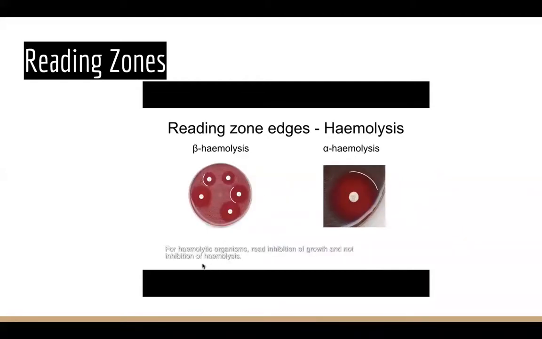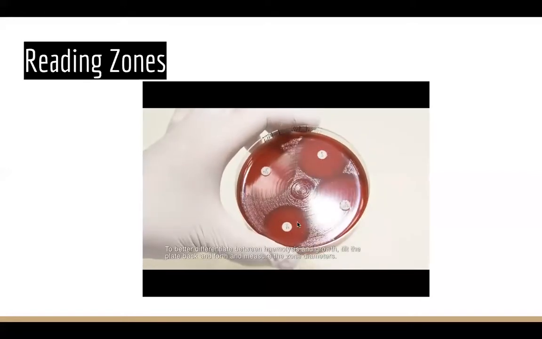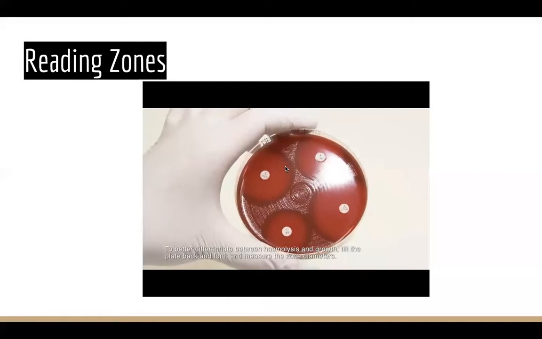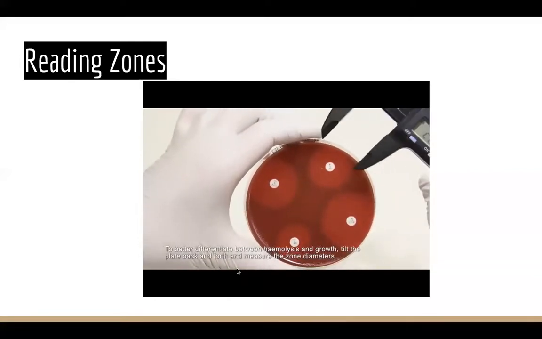For hemolytic organisms, read inhibition of growth and not inhibition of hemolysis. So beta hemolysis is usually free from growth, whereas there is often growth within areas of alpha hemolysis. To better differentiate between hemolysis and growth, tilt the plate back and forth and measure the zone diameter.